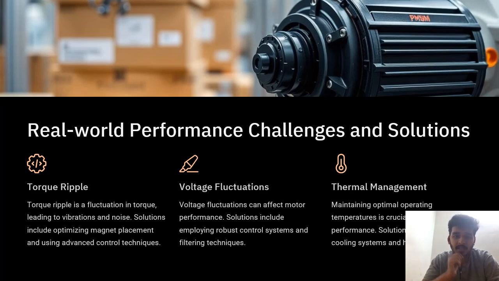Now coming to the real world performance challenges and solutions. Torque ripple: the ripple factor is mainly what we call the fluctuation in induction motors. Torque ripple is a fluctuation in torque leading to vibrations and noise.